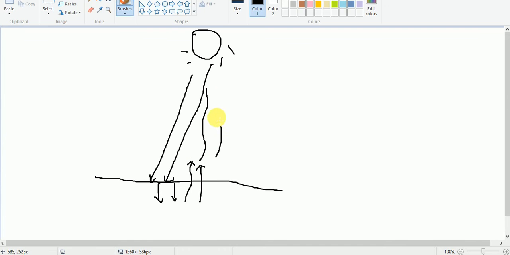Because of this radiation, the air near the surface will be heated and it will rise upwards. You must know that when the air is heated, it becomes lighter and rises upwards. When the air rises, it will be cooled down, and because of that cooling process there will be cloud formation.